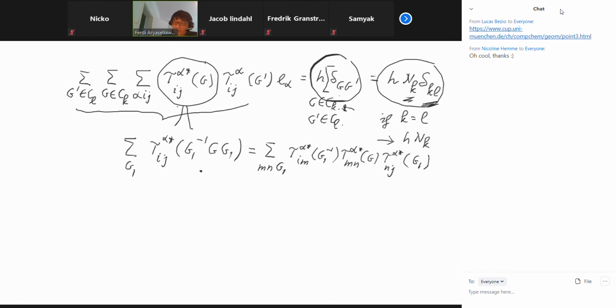Like this. Now this representation is unitary. You can always assume it to be unitary. So that this guy here is equal to T of delta MI. Reverse the indices.